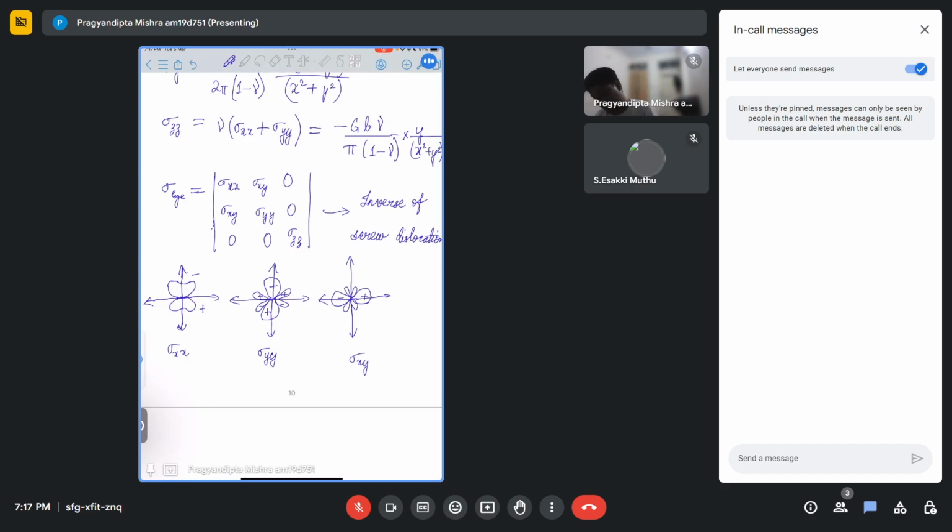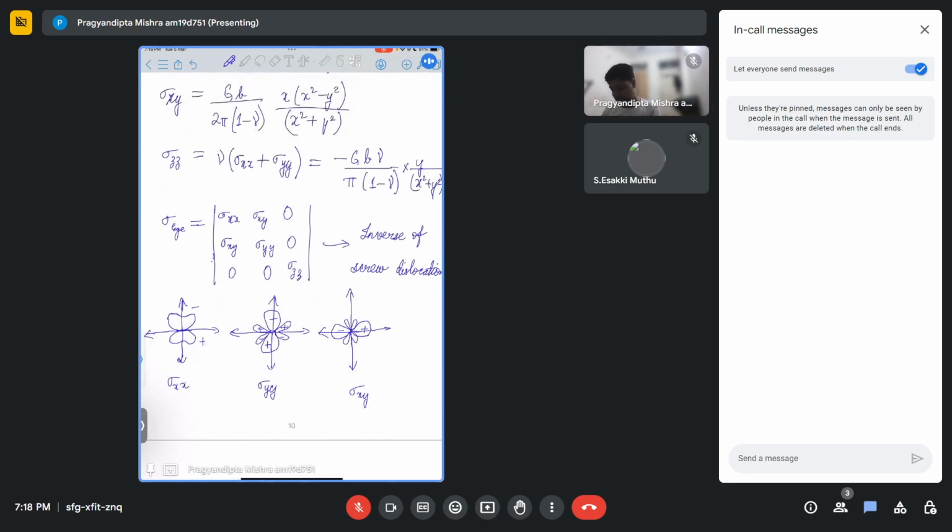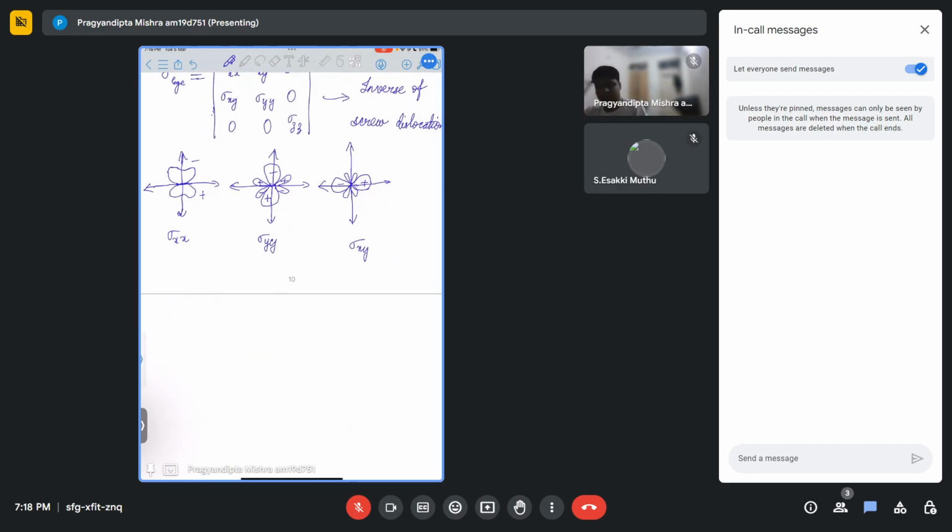Because we are able to draw all these three stresses, we can also draw the hydrostatic state of stress, which will look exactly like sigma zz, exactly like the screw sigma xz and sigma yz.